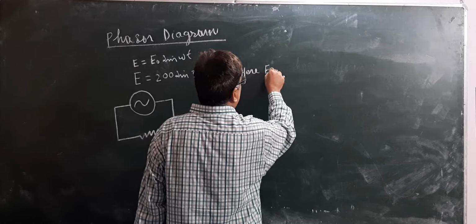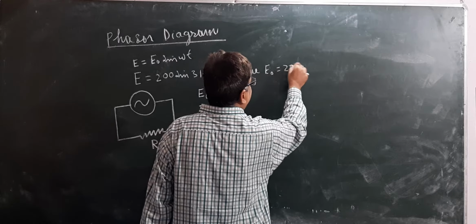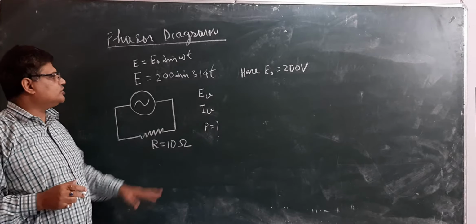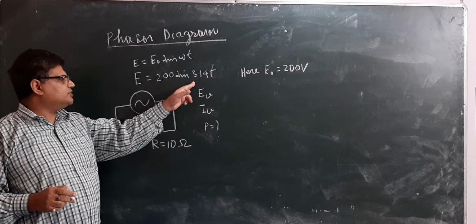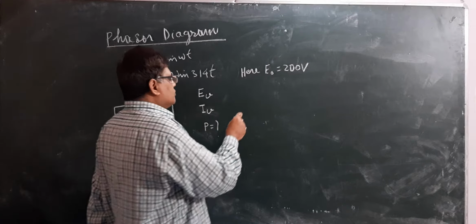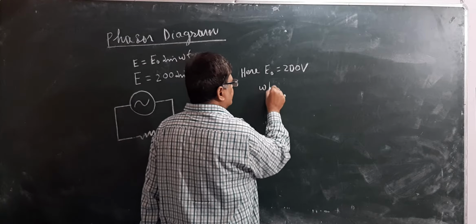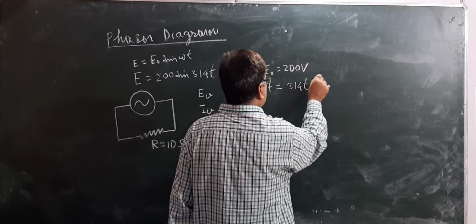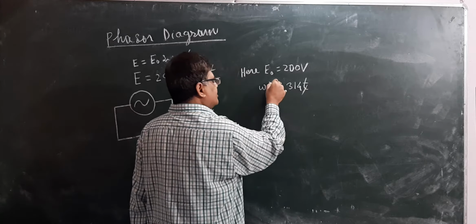Secondly, we can also write omega t is equal to 314 t. So t and t will get cancelled.